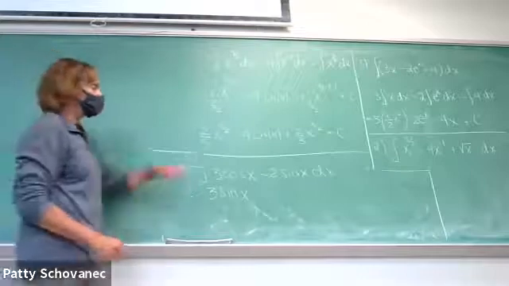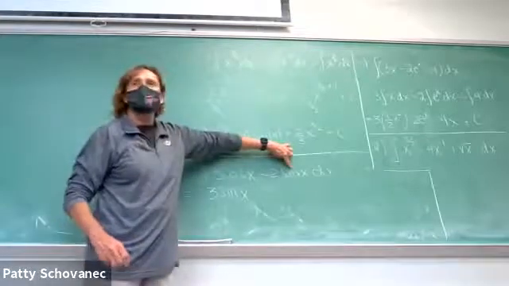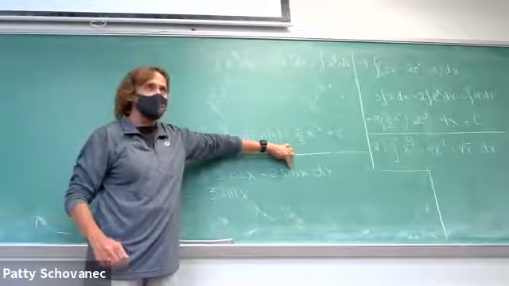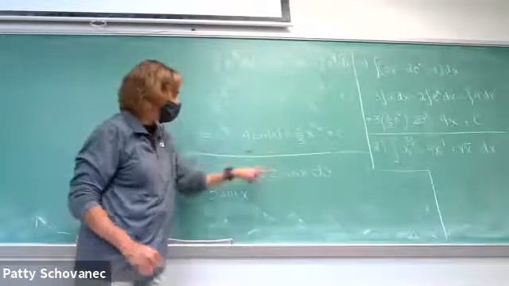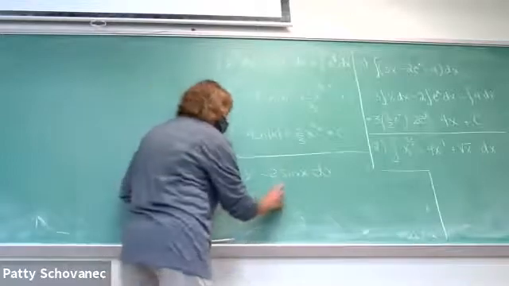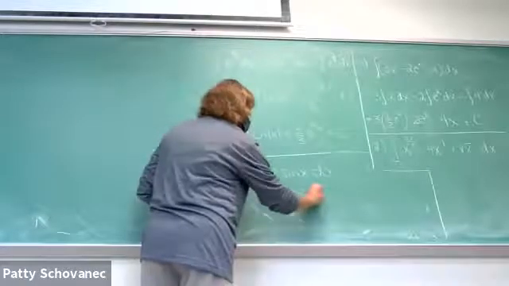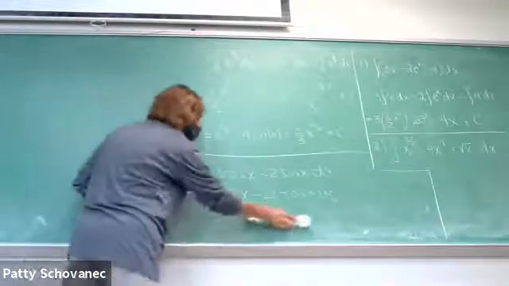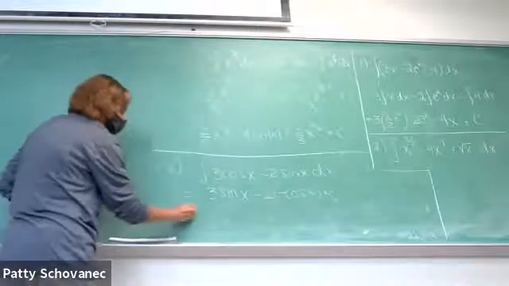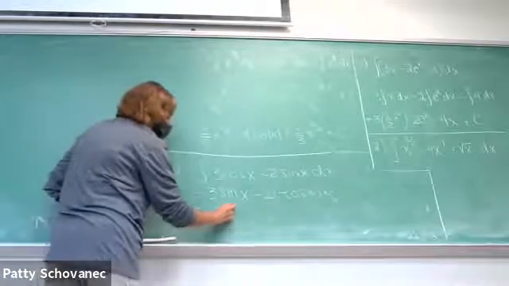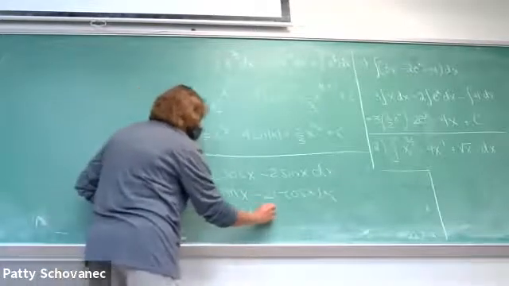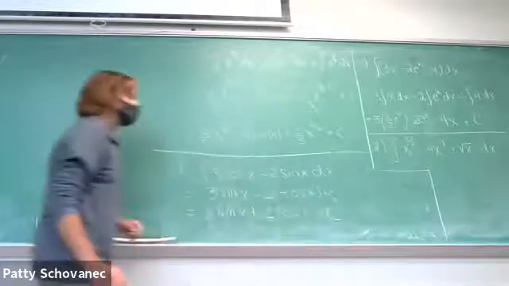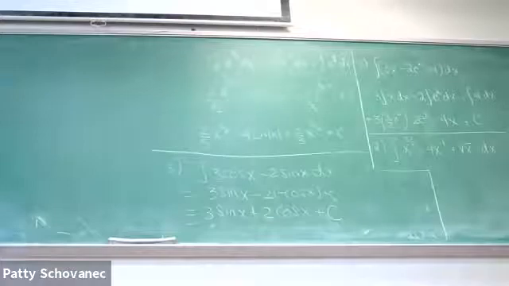Okay, now I've got the sine here. What do we take the derivative of to get a sine? A negative cosine, right? So this is going to be -2 times negative cosine. We can go ahead and put the 2 negative signs together and get +2 cosine.